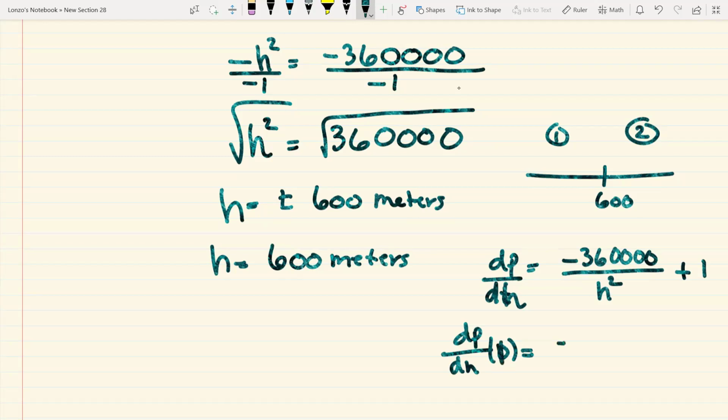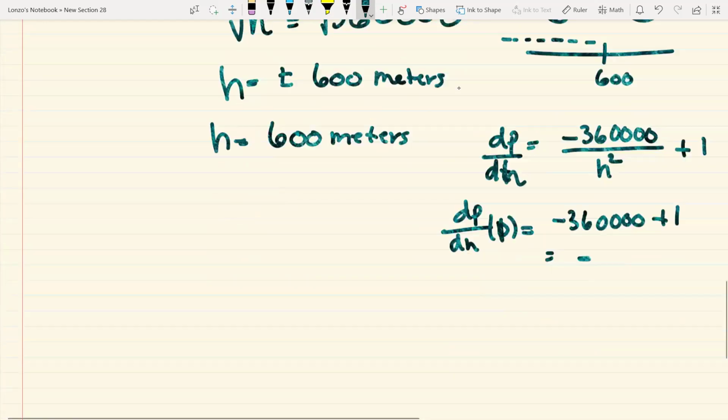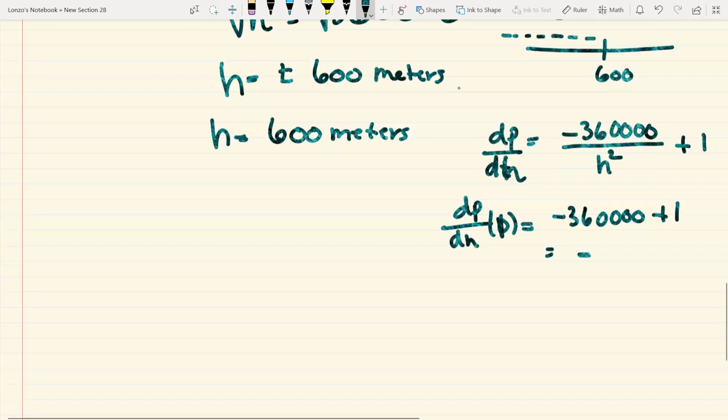So this would be -360,000 plus 1. -360,000 plus 1 is definitely still a negative, right? I don't really care about the numbers, just the sign, so it's a minus. Let's test region 2. I need a number greater than 600, maybe 605.